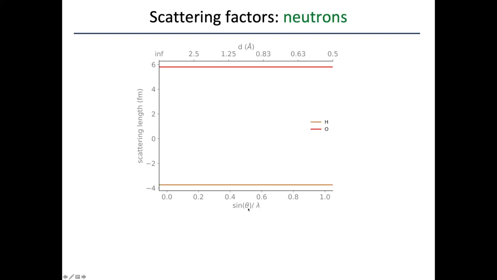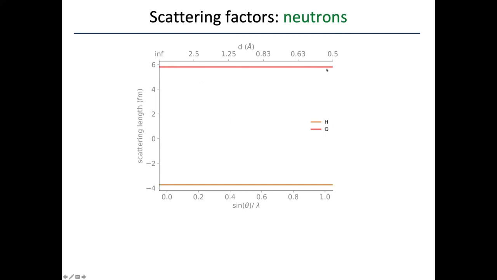Again, if we plot this as a function of sine theta over lambda, of course, we only obtain a flat curve. So here I have the scattering length for oxygen and hydrogen. I did not plot it for the oxygen ion because it will be the same, because neutrons don't care about the charge of an atom, because they interact with the nuclei.